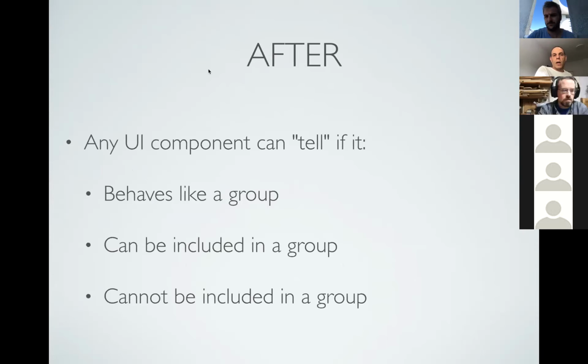Now, any UI components that developers create can declare themselves whether they are group components, and also whether they can be added to screens or groups, or both. These are all the options.